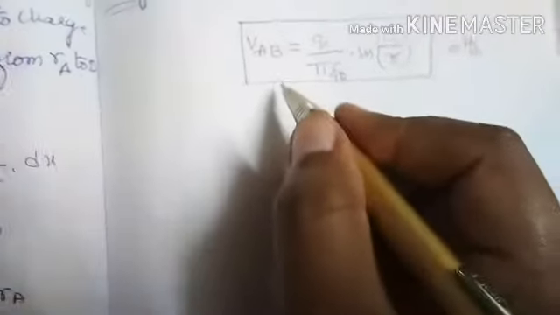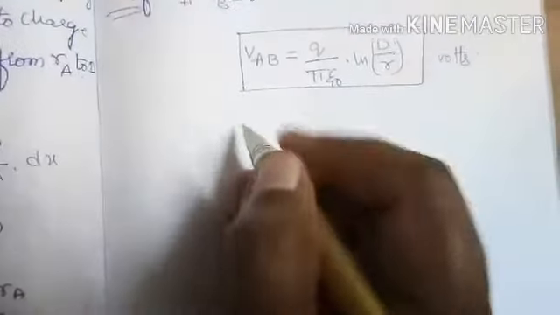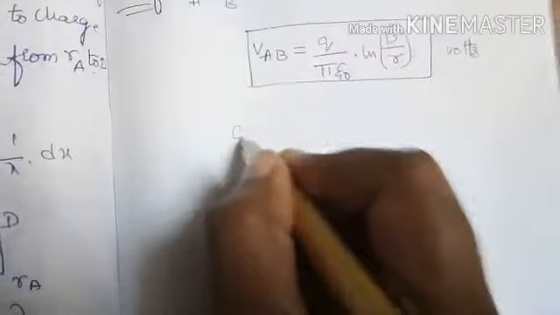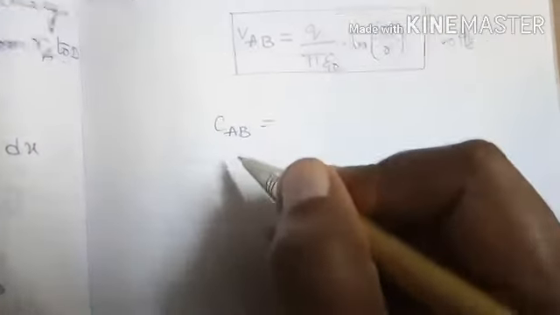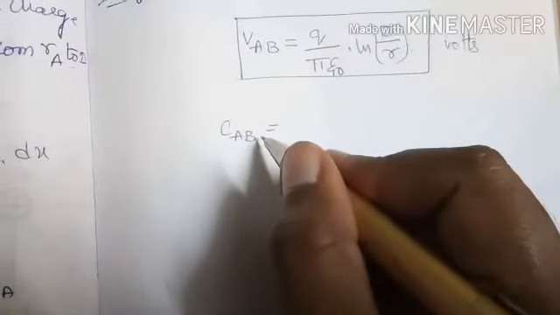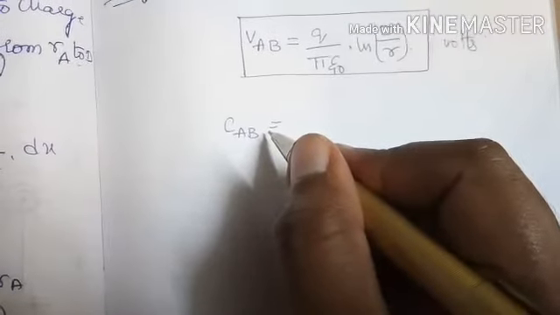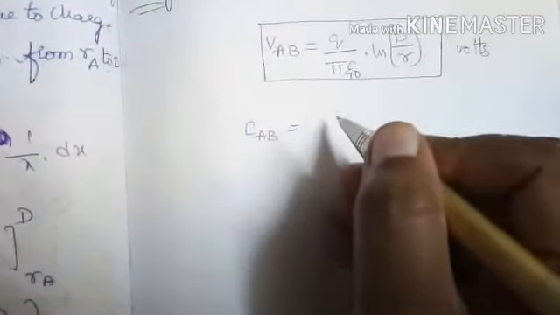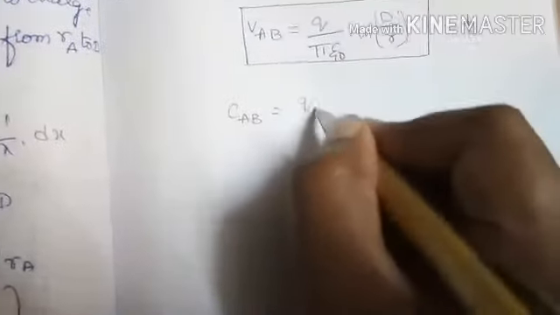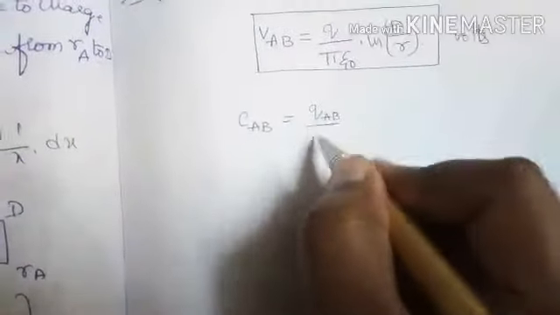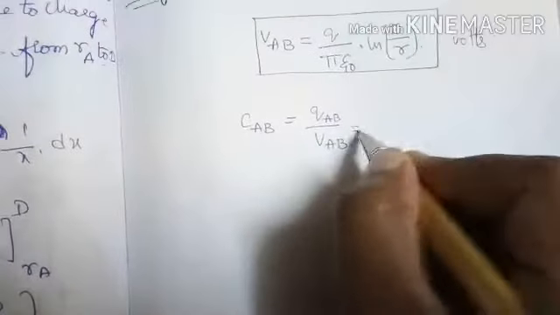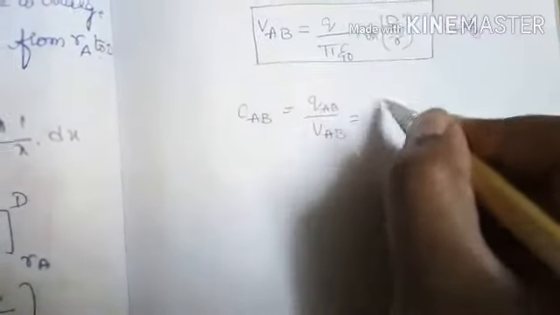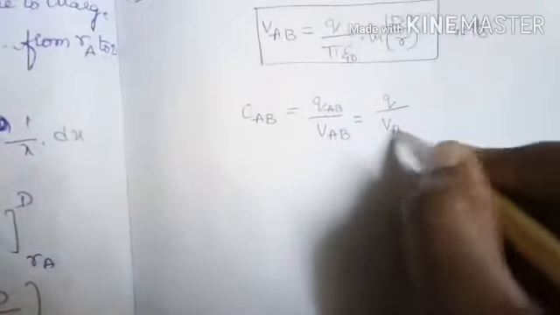So from here voltage is derived, and now coming to the capacitance of the conductors A to B, we can represent CAB equals QAB by VAB, or we can represent Q by VAB.